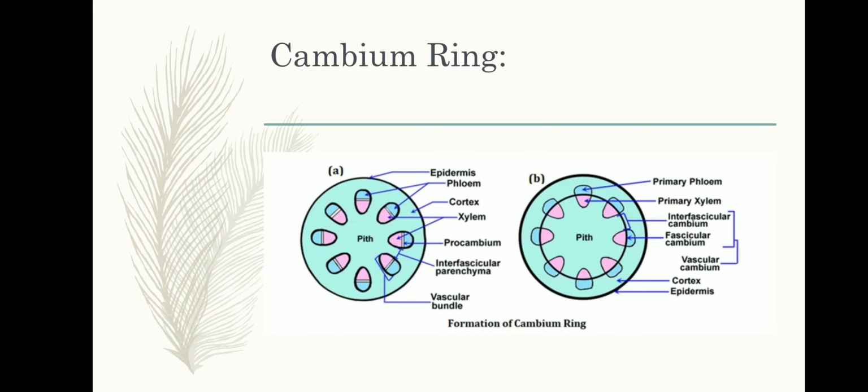Both types of cambium, the intrafascicular cambium and the interfascicular cambium, join together to form a complete ring. As you can see on the right-hand side, there is the complete formation of the cambium ring.